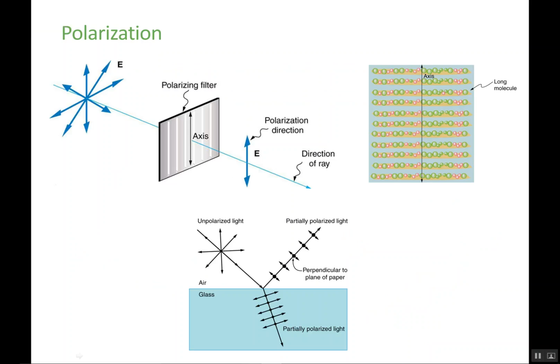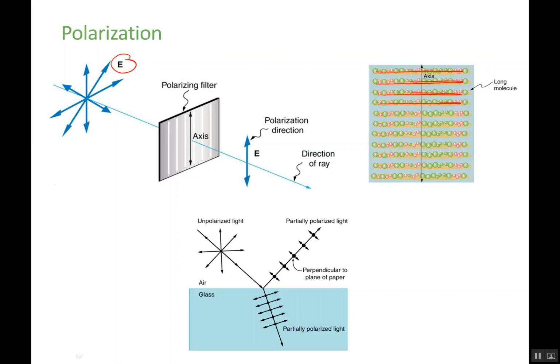You see, there's certain materials called Polaroid materials that interact with the electric field component of the light when the light passes through them. So these Polaroid materials tend to be long chain type molecules like this.